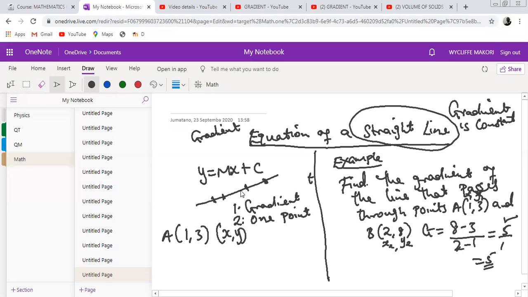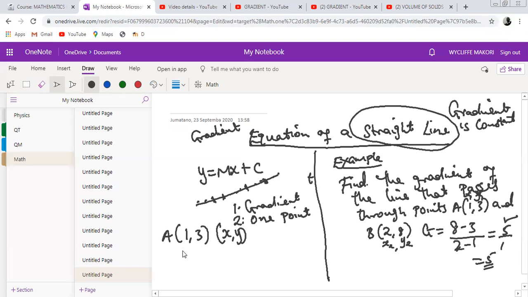Remember, this straight line has got so many points it passes through. You take one that is known, you assume one that is not known. Because it's a straight line, whichever two points we take and do change in y over change in x, they should give us the same gradient.